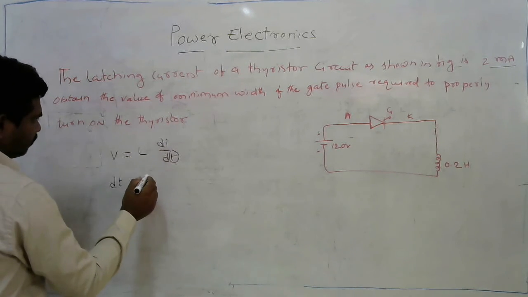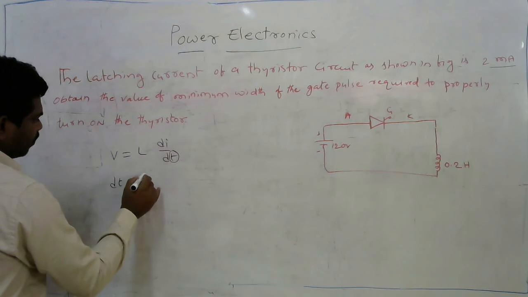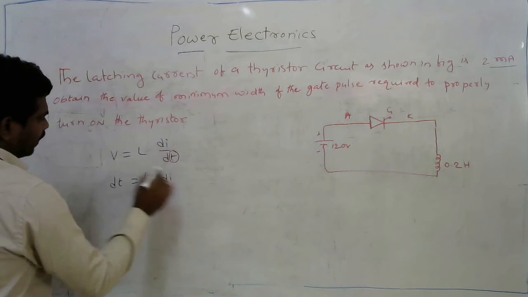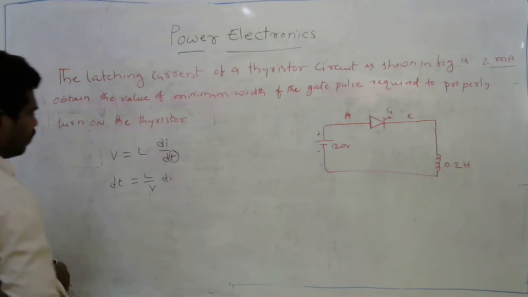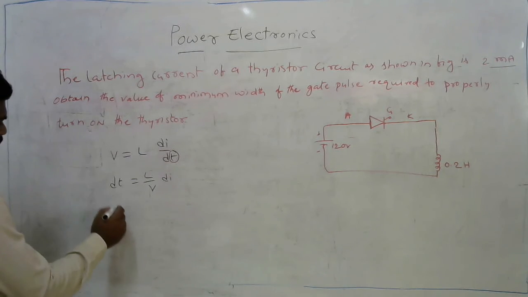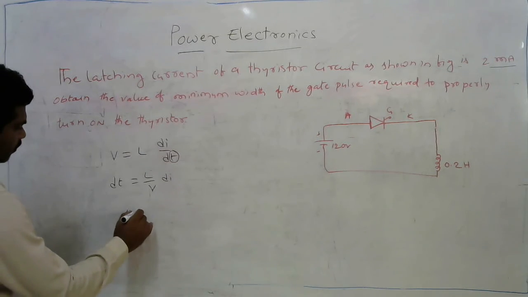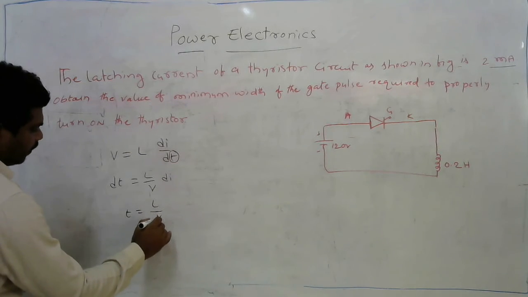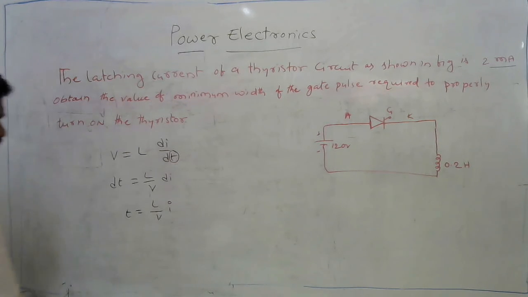Then this will become dt equal to L by V into di. Then I'm doing the integration over here. Then we get T is equal to L by V into I.